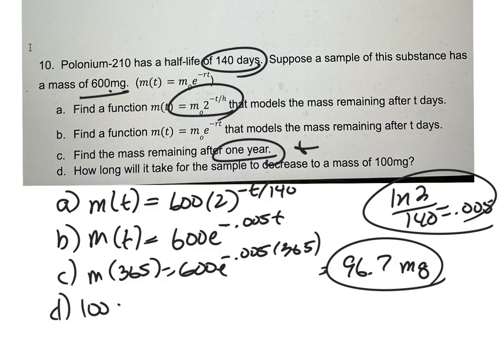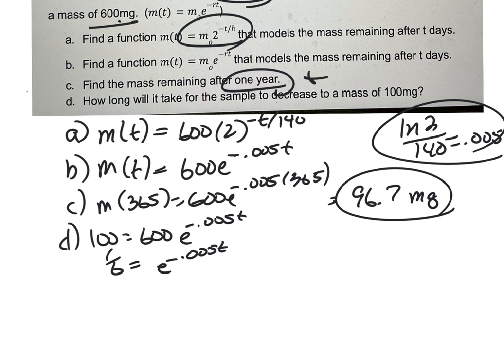Part D, how long will it take to decrease to 100? So 100 is the final amount. It's decreasing because it's half-life. So it's asking me for how long, which means I don't know what t is. First step, divide both sides by 600. 100 divided by 600 is really 1/6. I'm just going to keep the fraction to keep it really nice and exact. And because I'm using my e, I got to use ln, so I'm doing natural log of 1/6 over here, putting the exponent in the front, natural log e, which is gone.